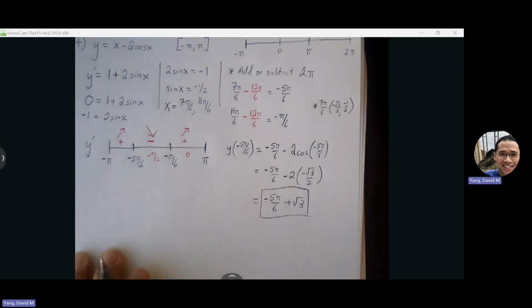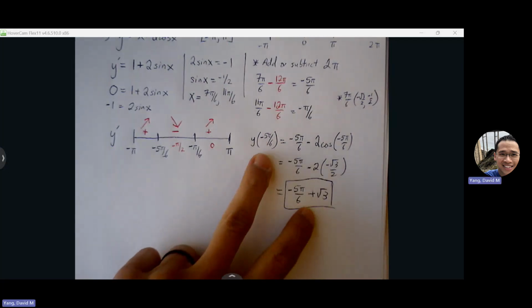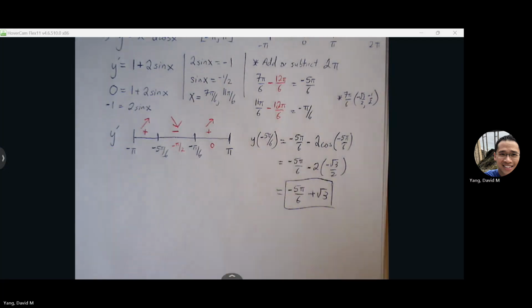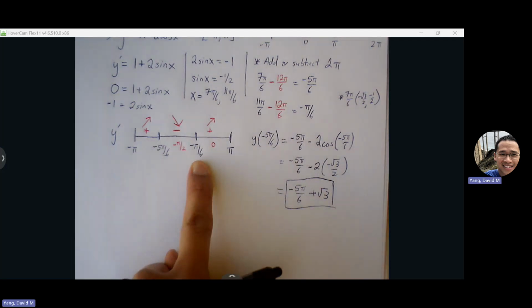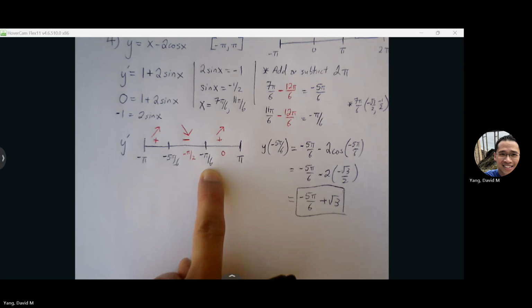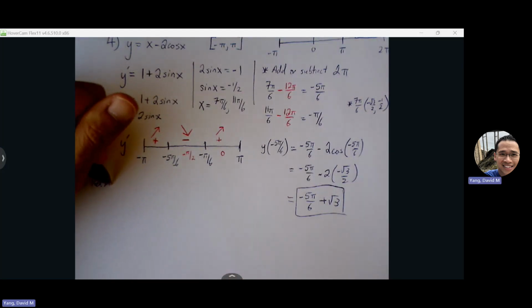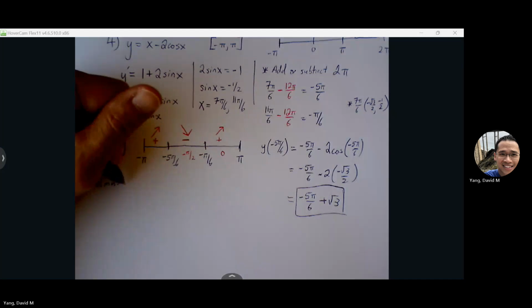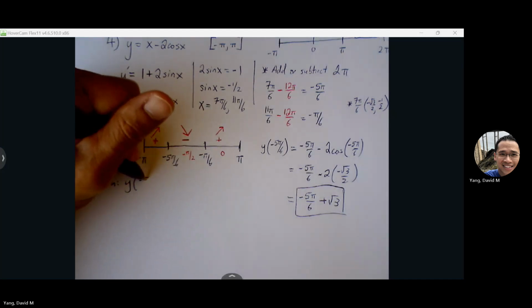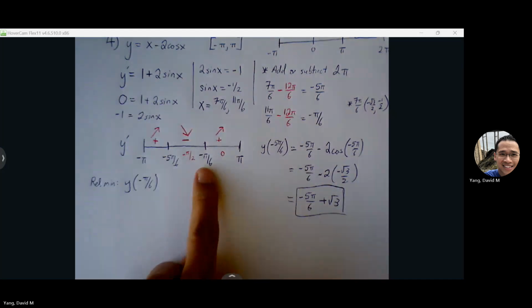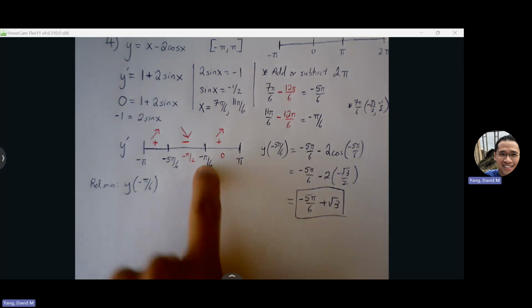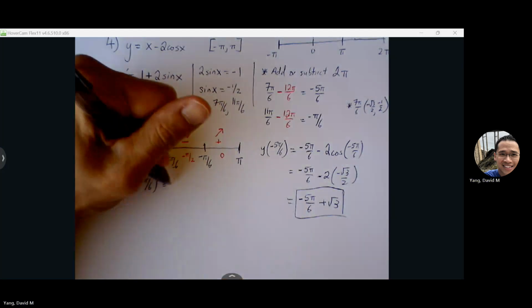All right, so there's our y value for our relative max. Okay, relative min. Put that x value back into the original function to get the ordered pair.